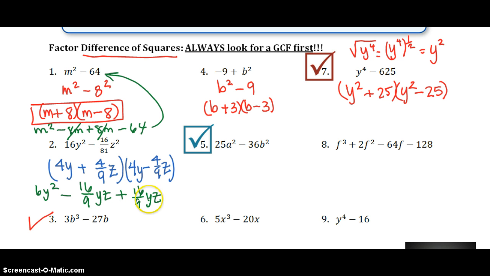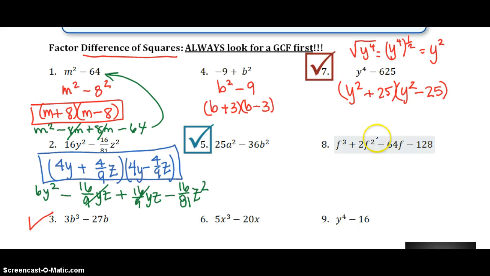And again, they're going to cancel each other out. And positive times negative is negative, and 4 times 4 is 16, and 9 times 9 is 81, and z times z is z squared. So I check myself, and I see that I am correct, that my final answer is the sum of the square roots times the difference of the square roots.